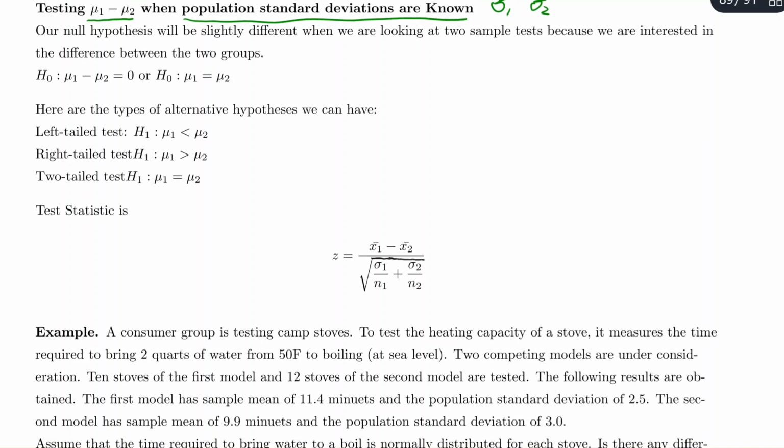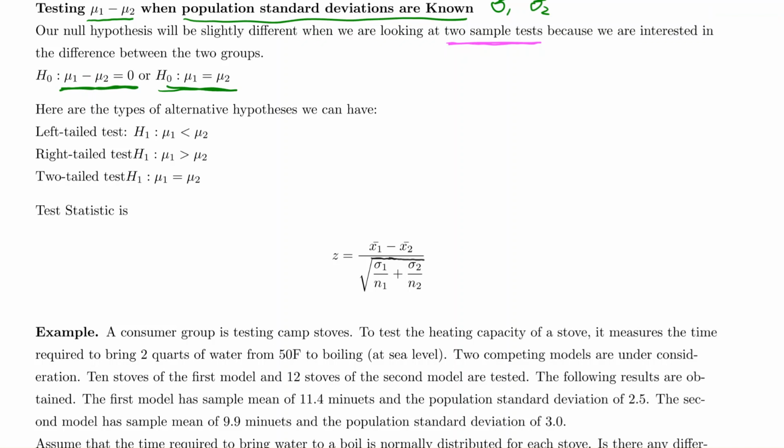Okay. So when we form a new hypothesis, it will be slightly different than before. We're looking at two sample tests because we're interested in the difference between two groups. So for the null hypothesis, the difference is 0. Mu1 minus mu2 equals 0, or we can write it as mu1 equals mu2.